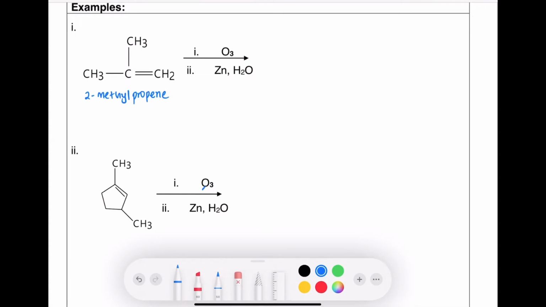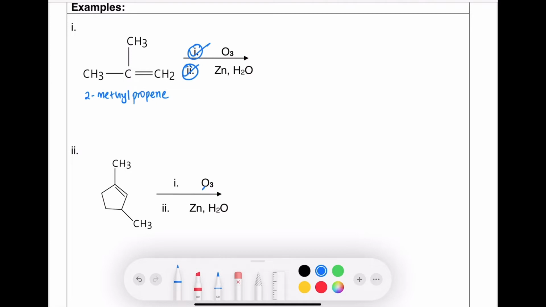Maybe you wonder why we have to put 1 and 2. Basically, the reaction starts with number 1 first, which is alkene reacting with ozone. And after that, the intermediate will react with number 2. So we put 1, 2 to show that the reactions are actually separate.